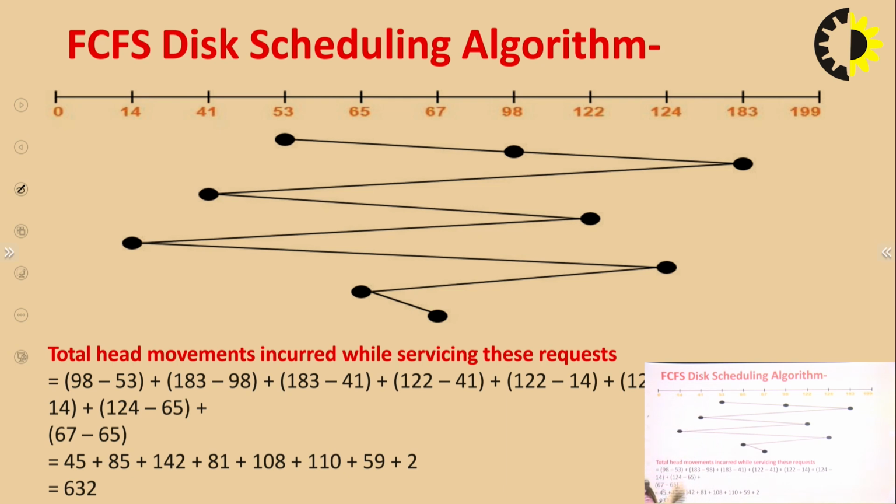So, first come first serve according to the last explanation diagram. This is the simple calculation: 98 minus 53, then 183 minus 98, 183 minus 41, 122 minus 41, and in this way your final answer is 632.